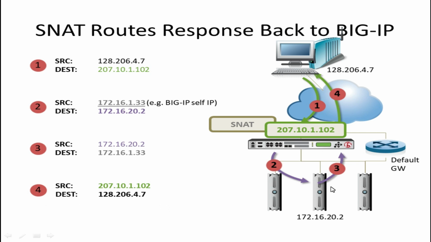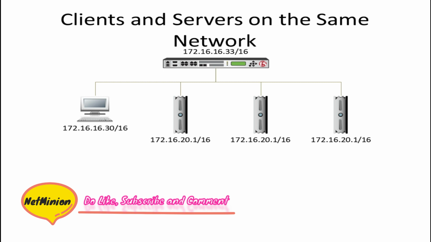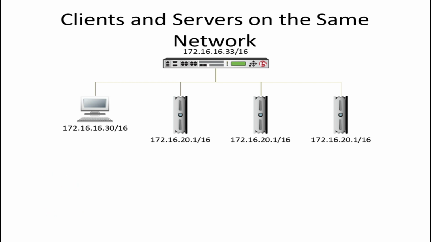Now let us talk about the second problem. If you see here, my client, my virtual server, and my backend servers all belong to the same IP network. The IP scheme is the same, 172.16.30/16, a class B address, and here the problem arises. The reason is ARP.